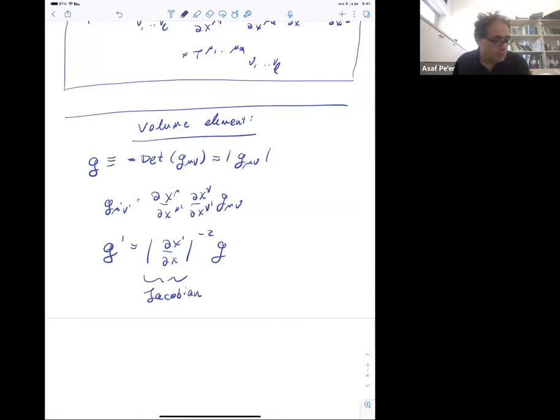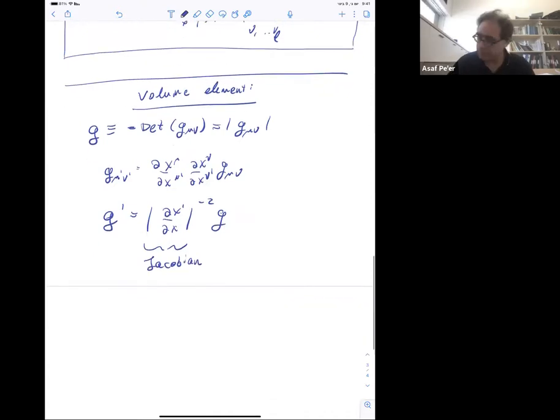And so we have to take the Jacobian of the transformation to the power minus 2. And so that's why G, the determinant, is not a tensor, or not a scalar here, sorry. It's called a scalar density.